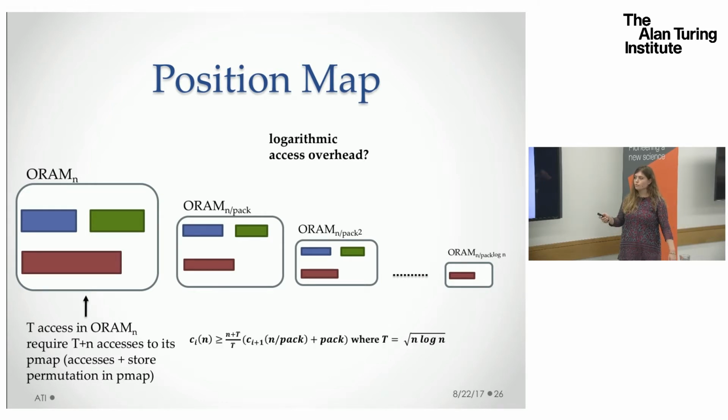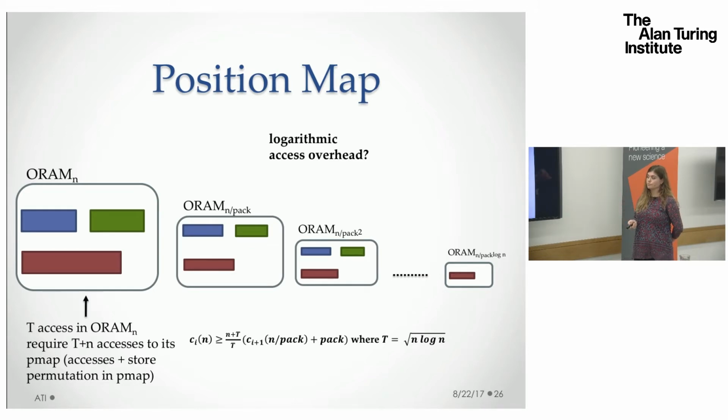So if you compute the amortized time per access, with a little bit of computation, your complexity is not going to improve beyond square root of n. At least with this approach, the way we are doing it, you're not going to get better than square root of n.